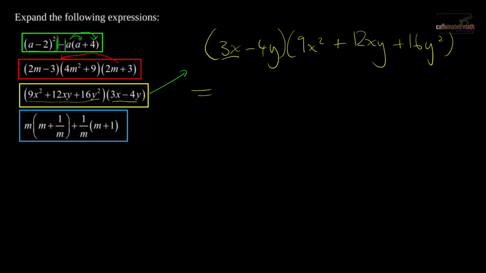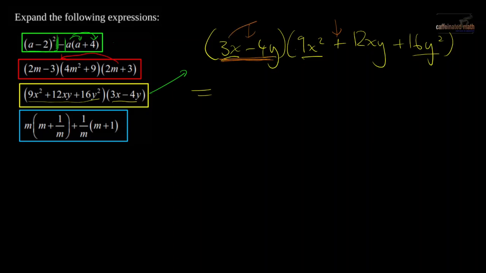Well, 9x squared is the square of 3x. 16y squared is the square of negative 4y, and this product is the same as the product of the terms in the binomial. However, crucially, the signs differ.